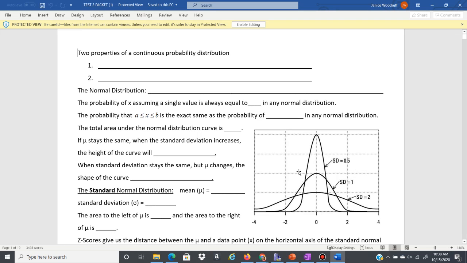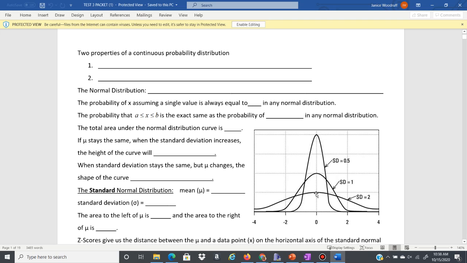So this is our normal distribution. Okay, and if you notice, these all look a little different as the curves, but they are all normal distribution. Notice here the 0 is in the middle of all of these. Okay, and it's looking symmetrical on either side.